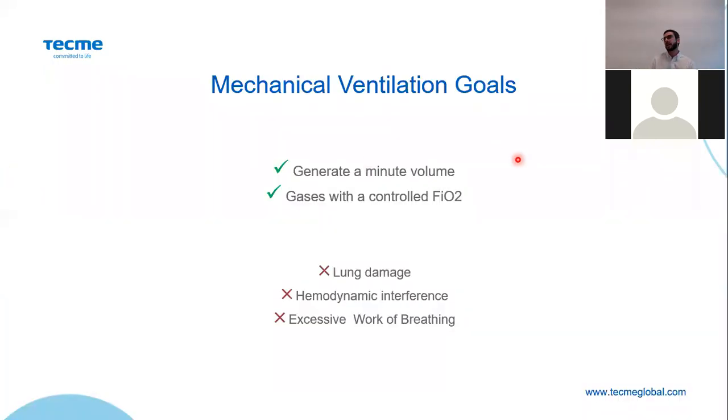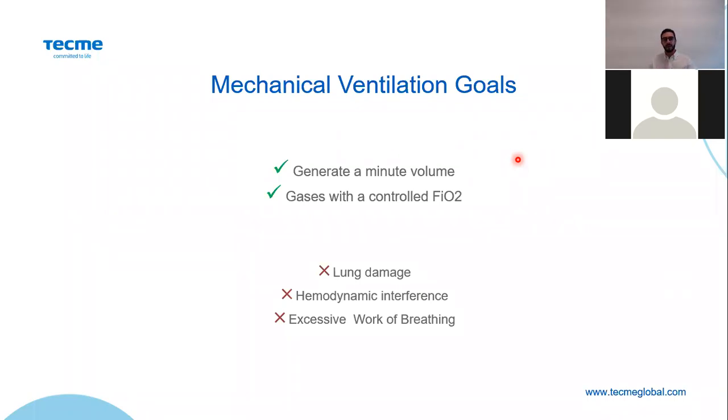So to start, the first thing we need to have in mind is the mechanical ventilation goals. What's the idea of mechanical ventilation? The idea is to generate a minute volume, to deliver a gas from the ventilator to the patient with a controlled inspired oxygen fraction.